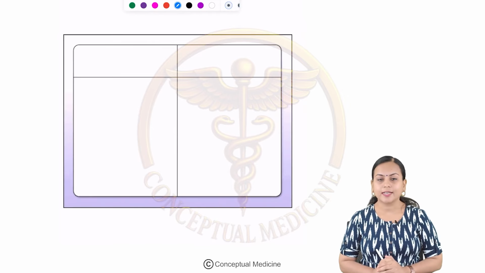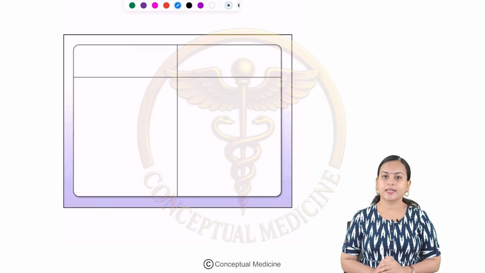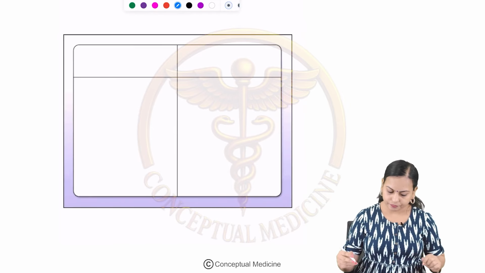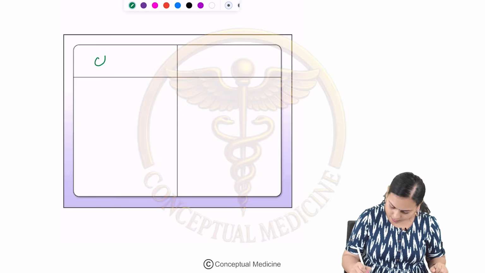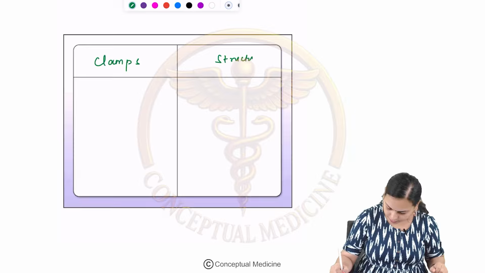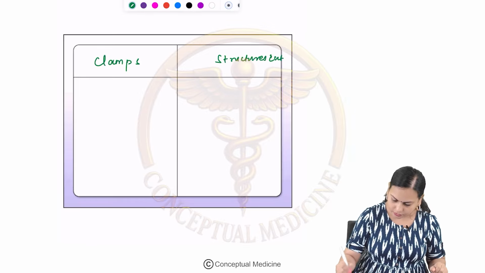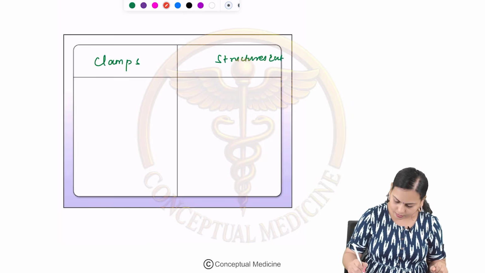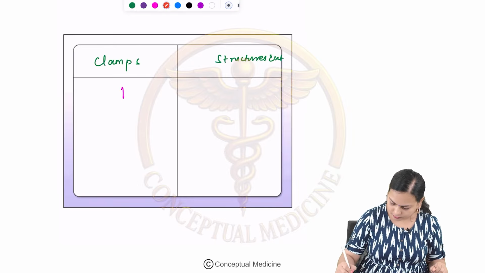Now let's see what are the clamps you have to apply in order to get a hysterectomy done. So it is clamps in order and what are the structures cut. So first clamp is going to be for the round ligaments.